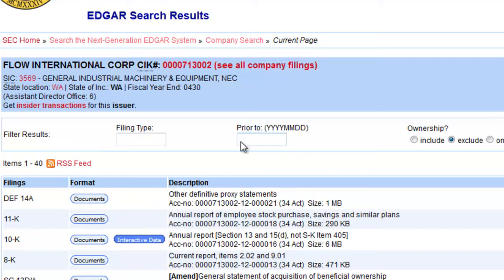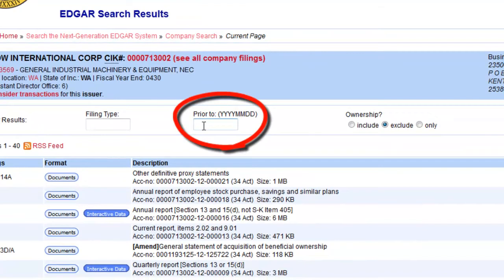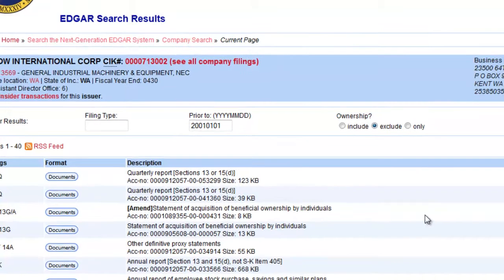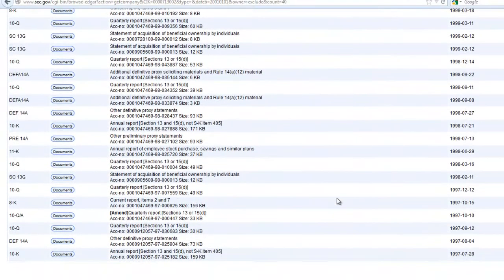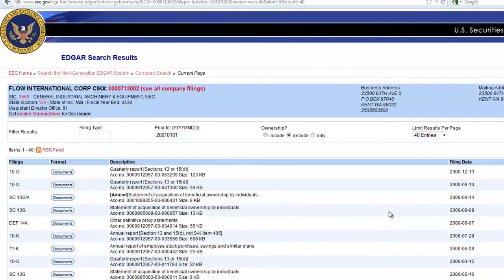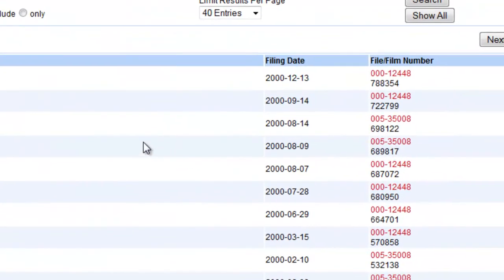Now, the next feature that you could use is prior to, and I don't really use it that much, but if you wanted to come up with all the SEC documents that were filed prior to, let's say, January 2001, you could type in 2001-0101 and click search, and Edgar would generate companies' various documents that were filed prior to the date that you chose.